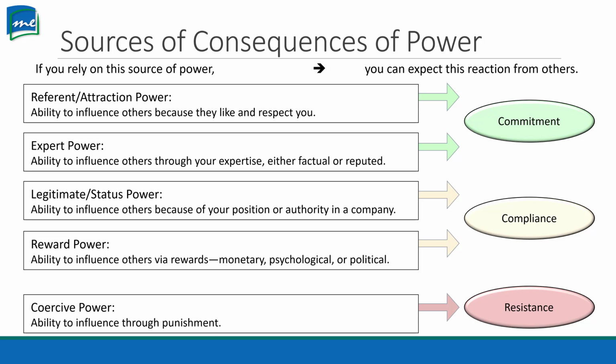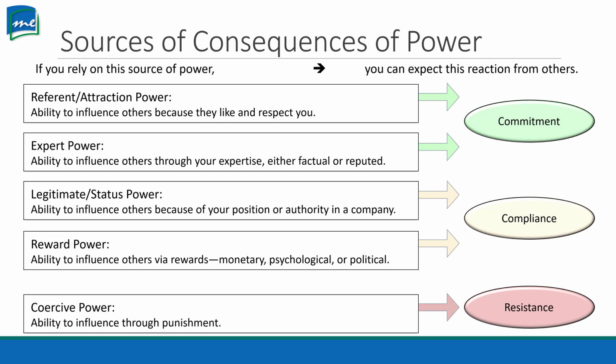So then you have the actual legitimate or status power. These are the people that have the title of like manager, supervisor, team leader. They actually are assigned power by their position. So they influence their people because of their position or authority in the company. So they may have compliance. People are complying because they want to keep their job. Then we have reward power.